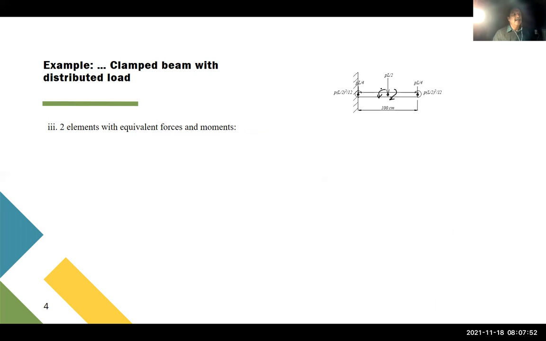That's why you see that here we have no net moment. On the right end, this is PL squared over 2. But now you see that this L is half of the one that we had before. So if we square it, this value will be 4 times smaller than the previous one. It still should be 0.